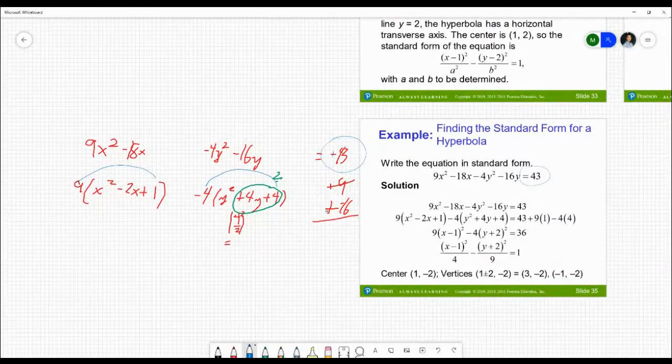Oh, yes, sir. Thank you. So again, you get 36 on the other side. Then again, we need to divide each number by 36 to make sure that the other side is 1. And so here we go. Our a is going to be 2, our b is 3.